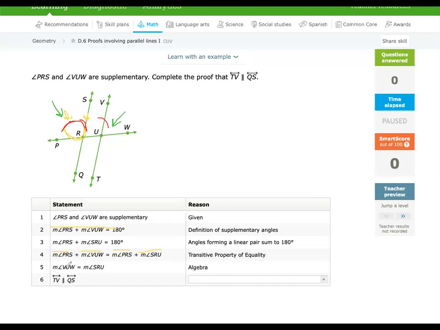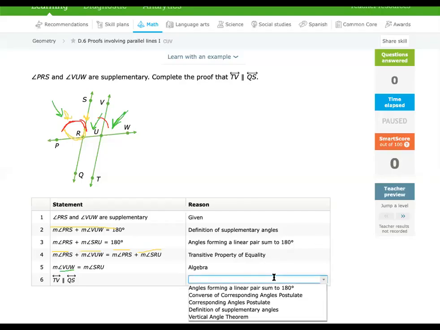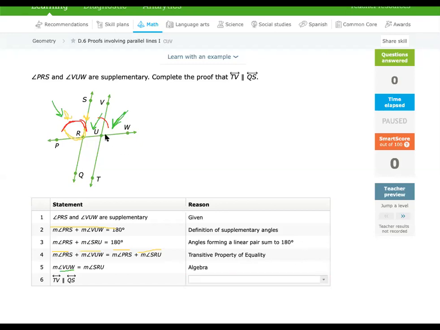Then the next one is going to be VUW. So VUW, this one right there, and SRU, that side right there, are going to be equal because of algebra. And the last one, I click down here, I have my options right there. So it's not a vertical angle. A vertical angle, just to explain, is going to be two angles across from each other.